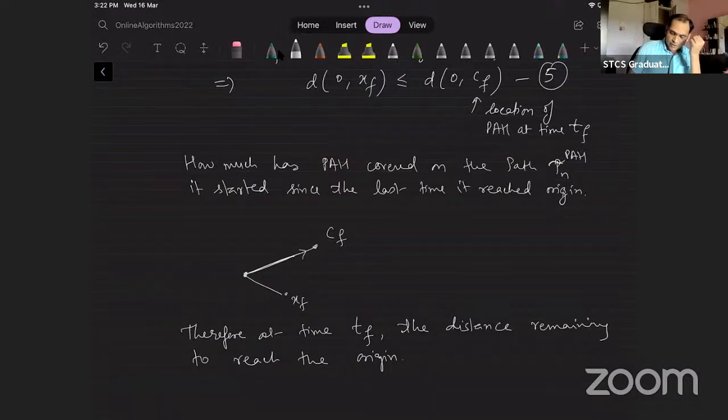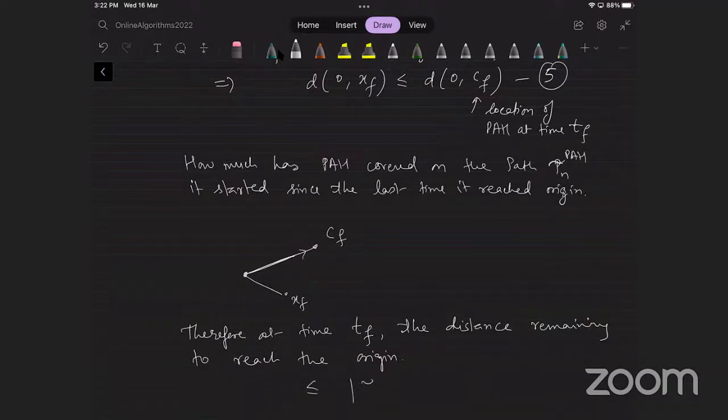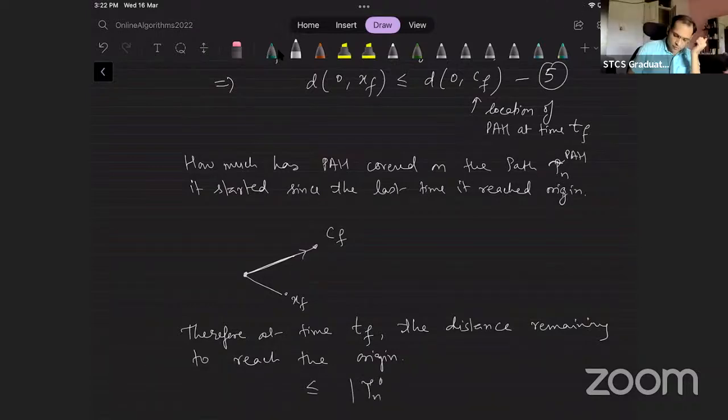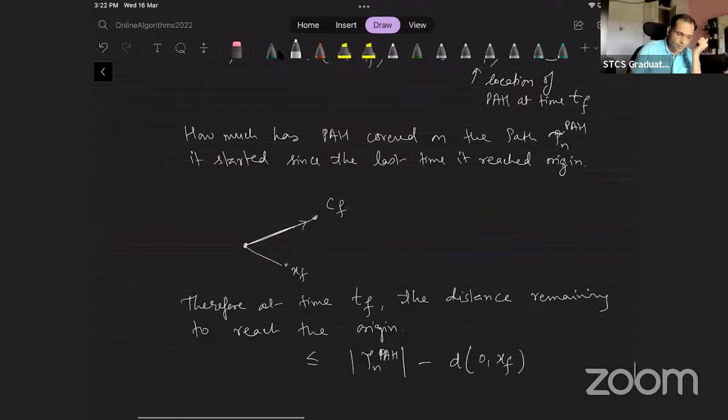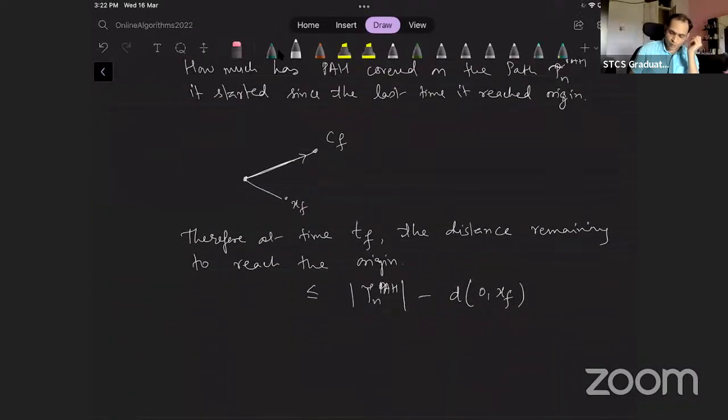So how much is the total distance remaining to get back to the origin? It is at most the length of TN PAH minus D of 0, XF. I want XF. CF is true, but I want everything in terms of XF because OPT's lower bound is in terms of XF. So do people agree to this? That starting from time TF, the distance remaining to reach the origin is at most this much. You can think of this as distance or time.